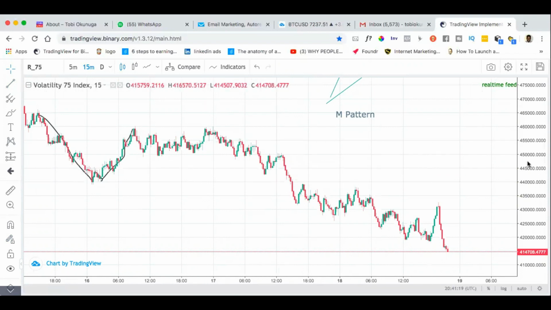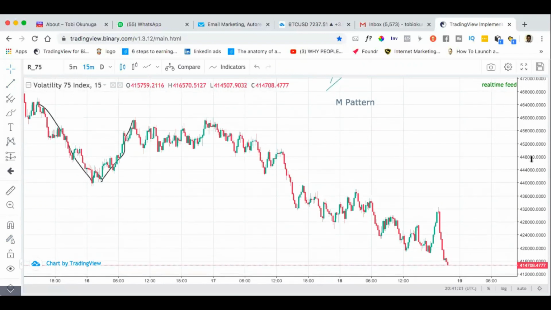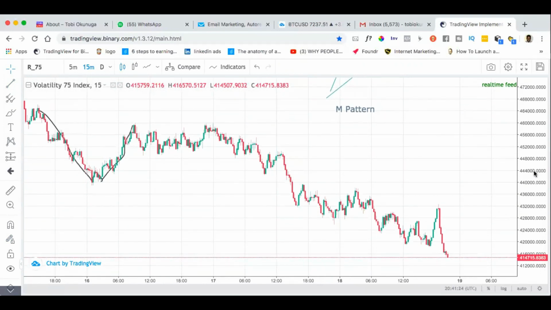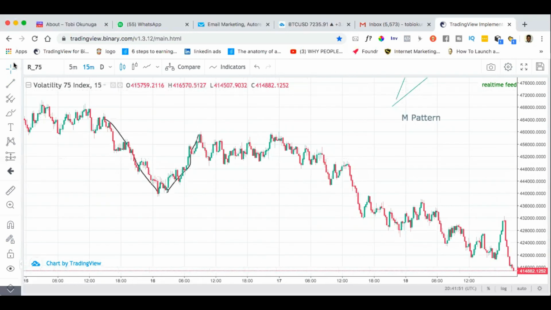If you have an account of about $100 or $200, you want to stick with 5 minutes or 15 minutes maximum. If you go way higher than that, you might find yourself in a lot of trouble when it comes to pullbacks and drawdowns. On the 5 minute and 15 minute charts, your account can handle the drawdowns if you use the lowest lot size possible. Let me show you how this works, guys.